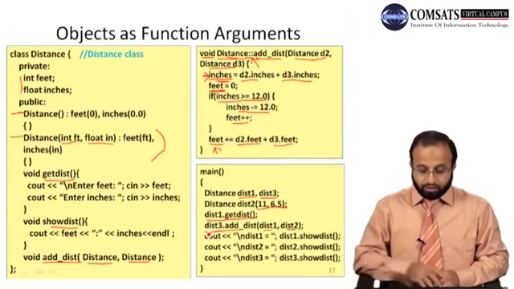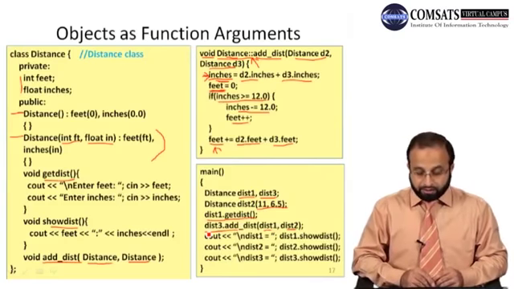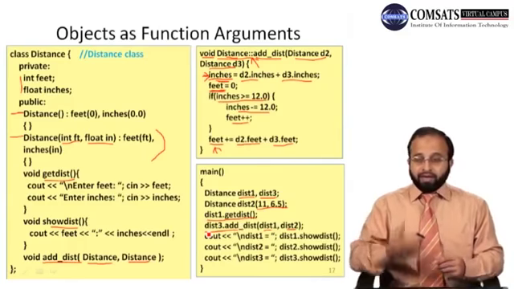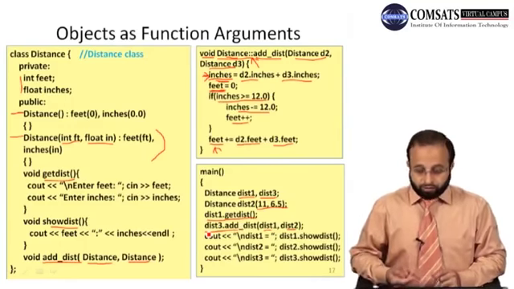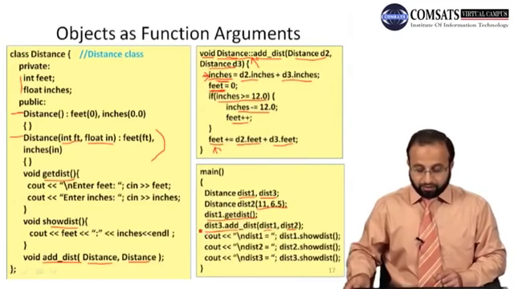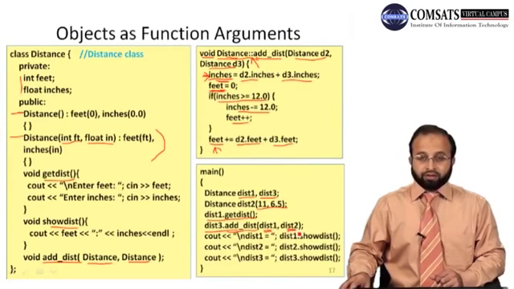Then the next function call is dest3 dot addDest. So addDest का function call हुआ. To call any member function you need the object of that class. So ये जो member function है addDest का function, this function is called using dest3 object, and we are passing the value of two objects, that is dest1 and dest2 to this function.